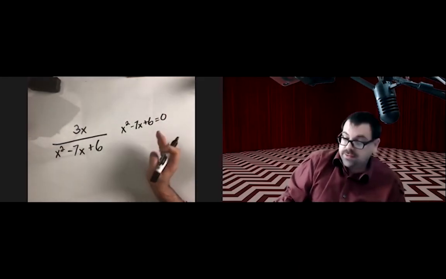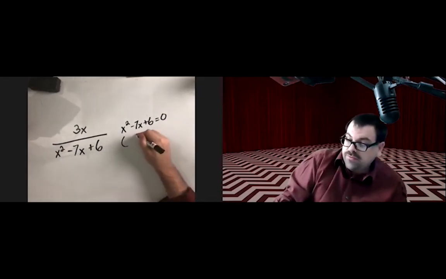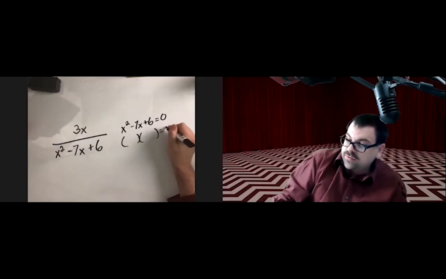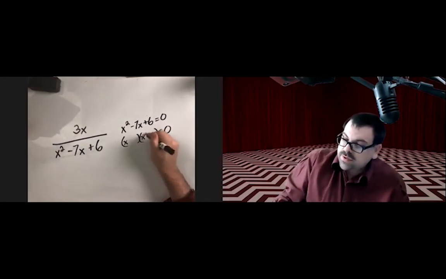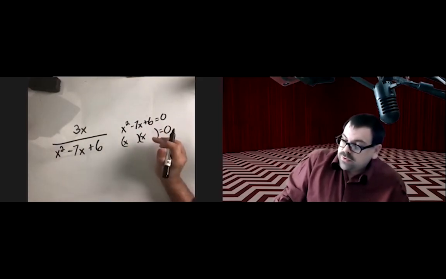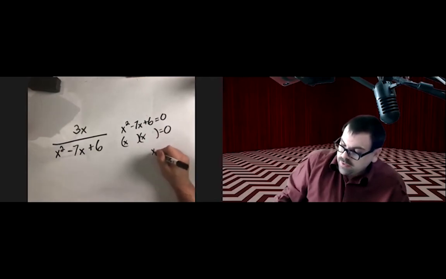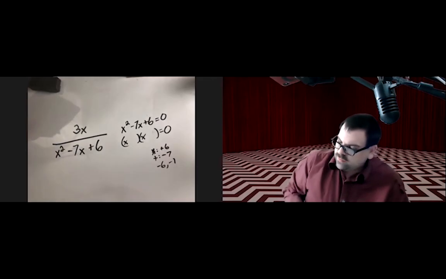It's a quadratic. Everything on one side, 0 on the other. Factor and solve. We would need the two numbers that multiply to positive 6 and add to negative 7. That's going to be negative 6 and negative 1.